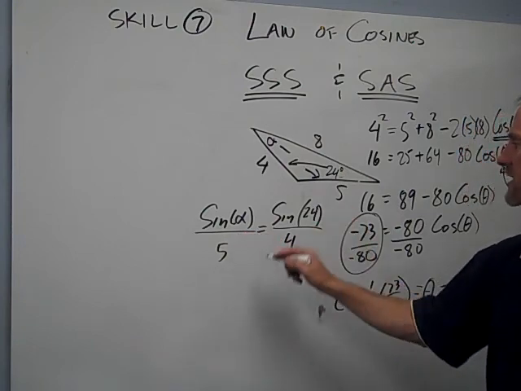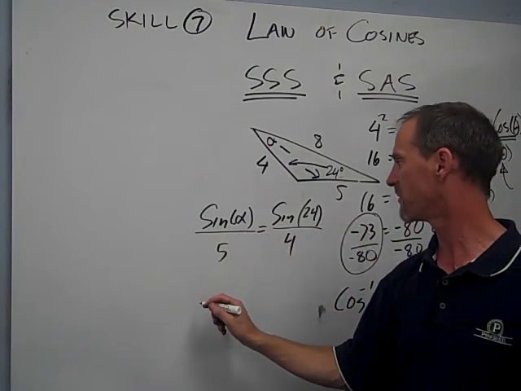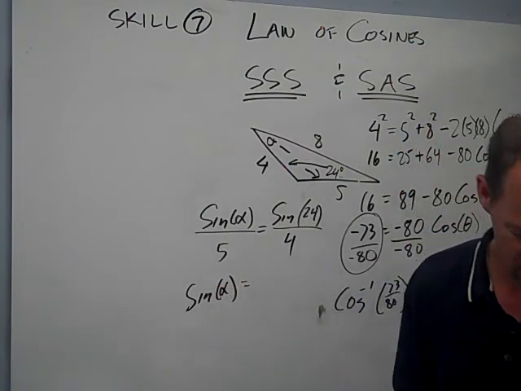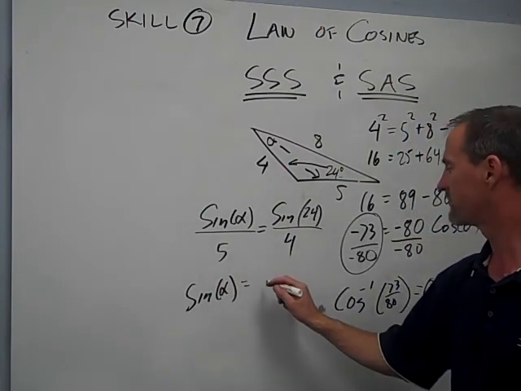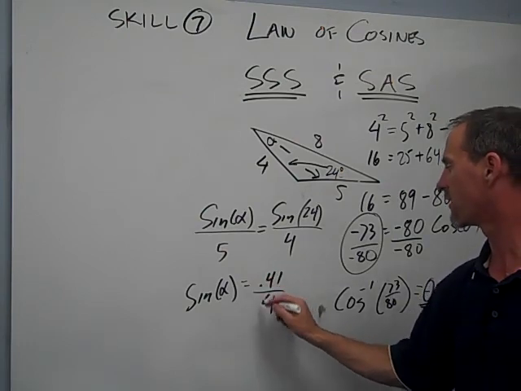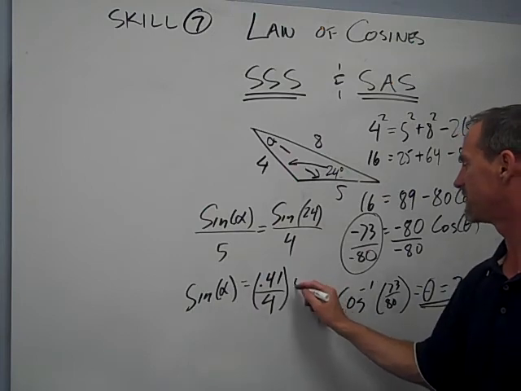And I can put this into my calculator and work it out. And so the sine of alpha is going to be equal to the sine of 24, which is about 0.41, and then that's divided by 4, and then multiplied by 5.